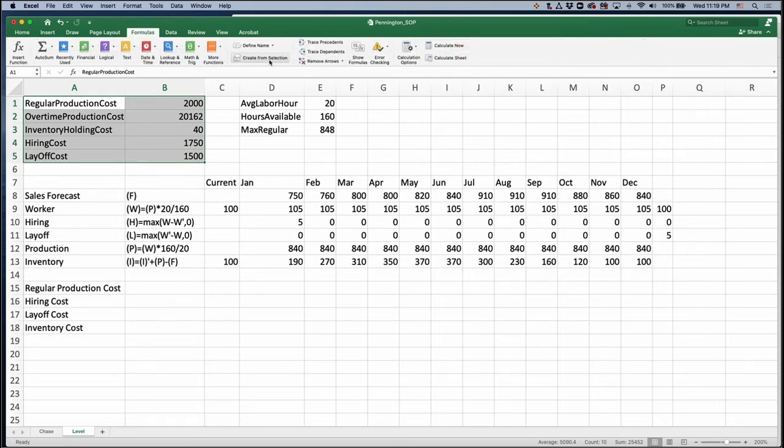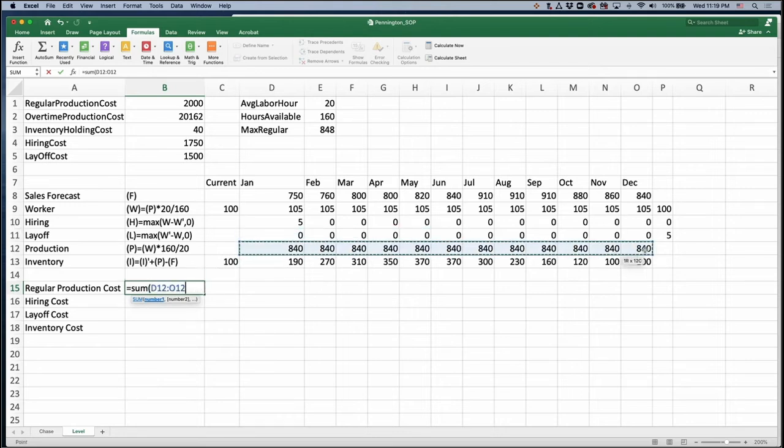And now, how can you compute the regular production cost? Basically you have to add all this production quantity, which is the sum, times your regular production cost. This is the regular production cost, which is $20 million. And the hiring cost is what?